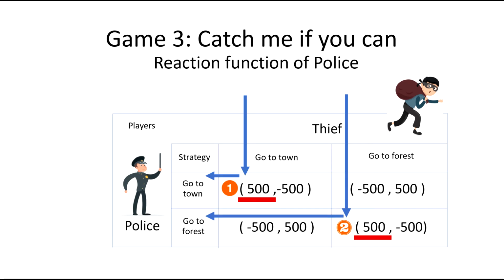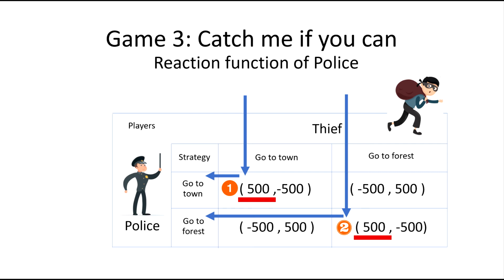Now you see the ration function of the police first. So the police think, if the thief goes to town, then he must compare 500 if he goes to town and minus 500 if he goes to the forest. And you see that it is better going to town because 500 is more than minus 500.